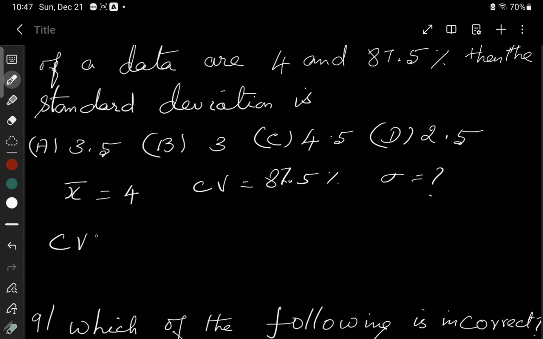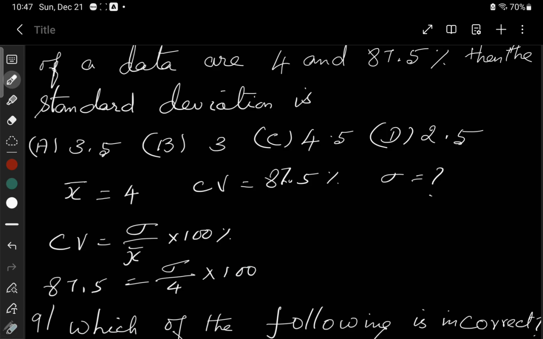The formula is coefficient of variation equals sigma by x bar into 100 percent. Substituting the values, 87.5 equals sigma by 4 into 100. So this 4 goes 25 times.